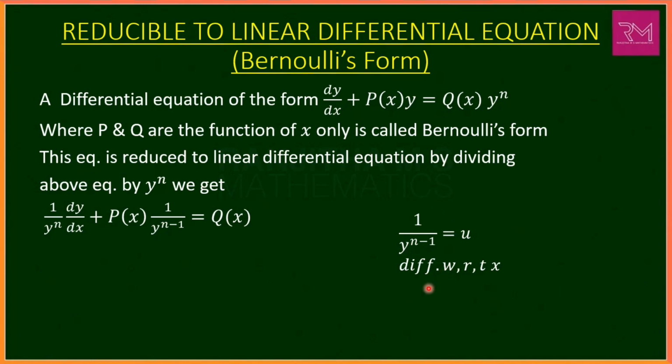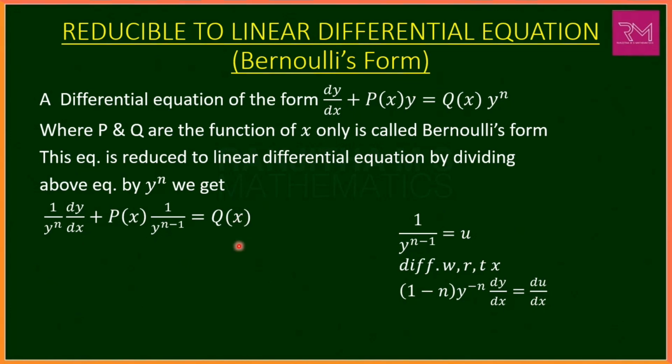Differentiating, it is the form x power n, that is n into x power n minus 1, so that is 1 minus n into y power minus n plus 1 minus 1. Plus 1 minus 1 gets cancelled, remaining is y power minus n into dy by dx, which is equal to du by dx, since we also differentiate the u term with respect to x.